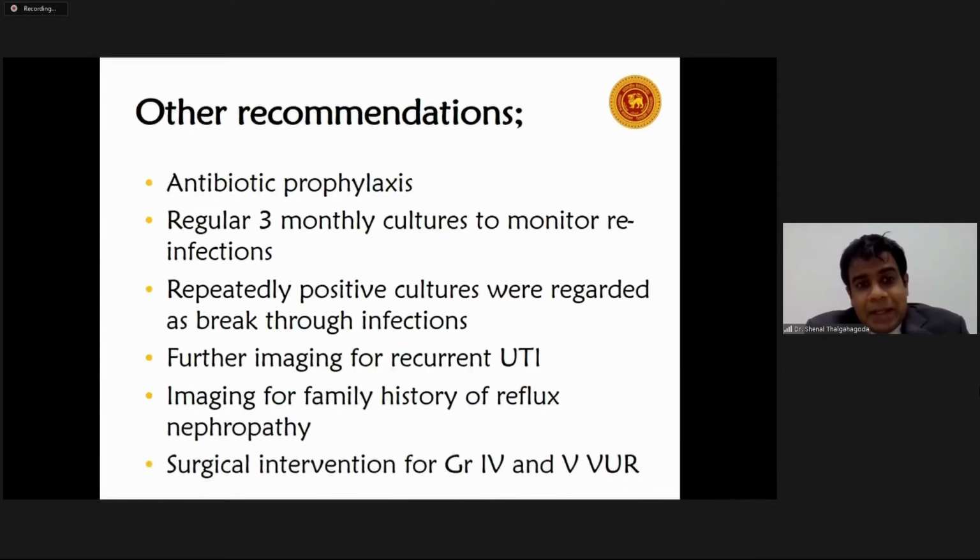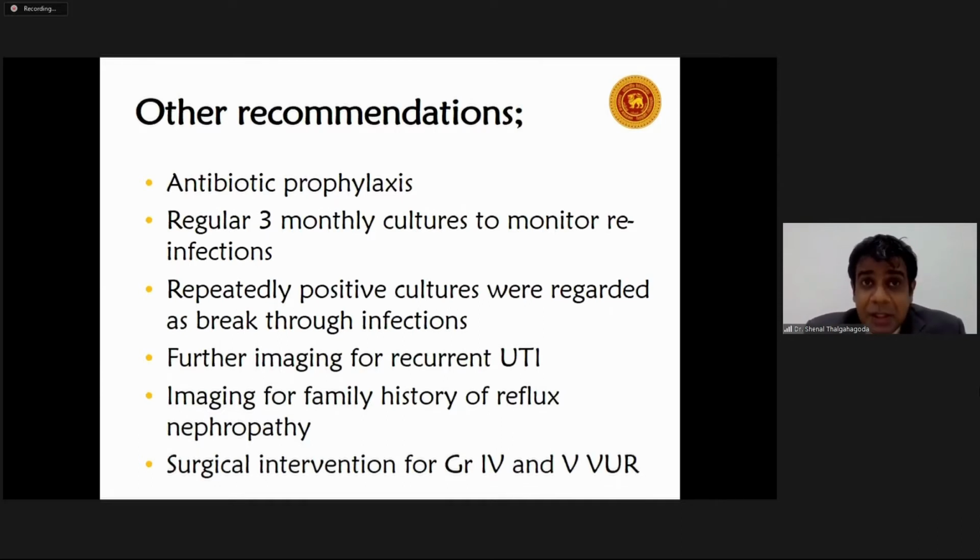What were the other recommendations? Antibiotic prophylaxis was recommended to all children up to the age of 5 years, even with a simple UTI in infancy. They recommended that regular 3-monthly cultures were done to monitor reinfections.